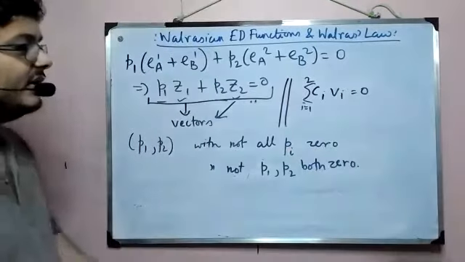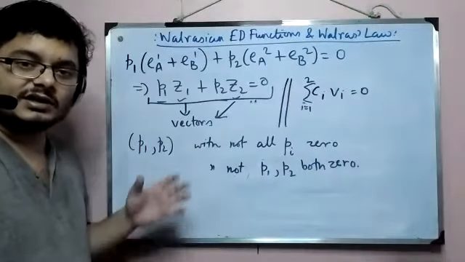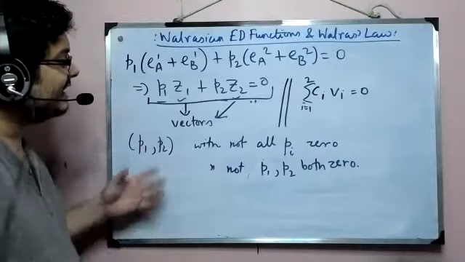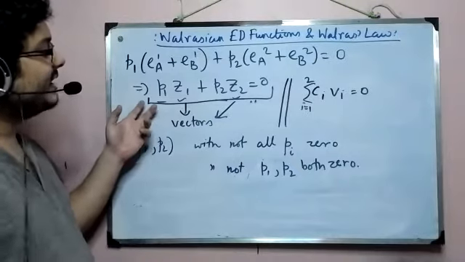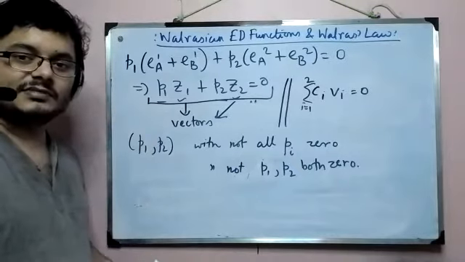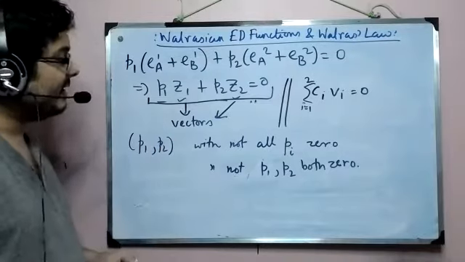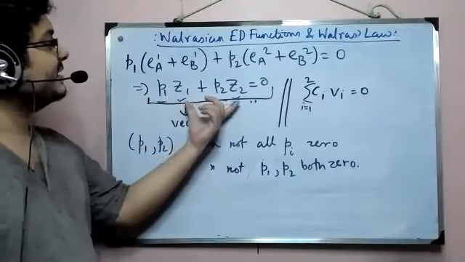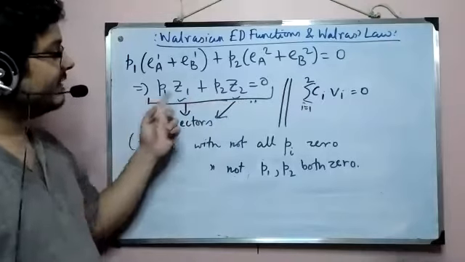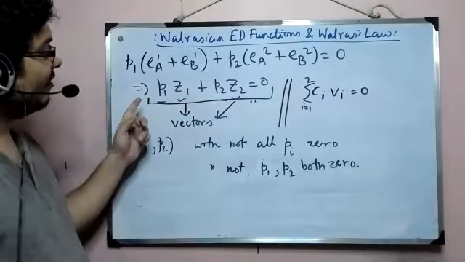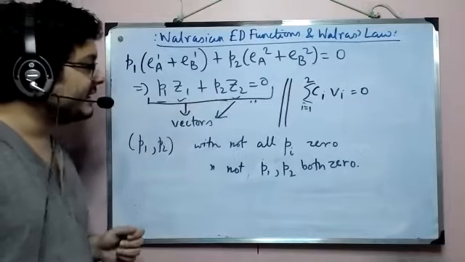And Walras's law states that this linear combination gives a dependent set of vectors, right? To satisfy this equation, we do not need both P1 and P2 to be 0. Only in that case would they be linearly independent.